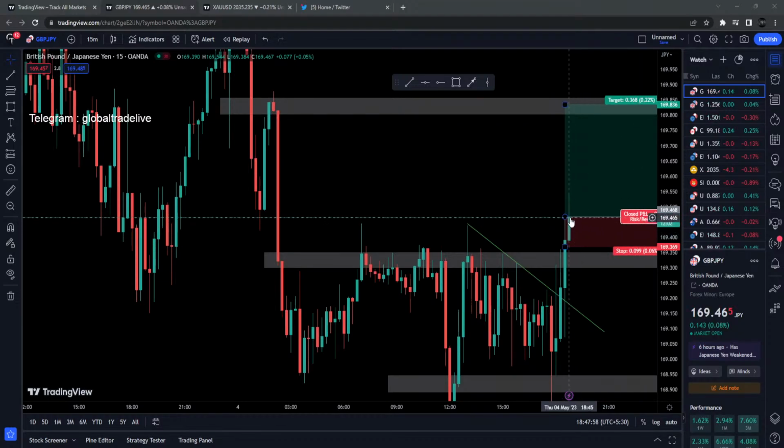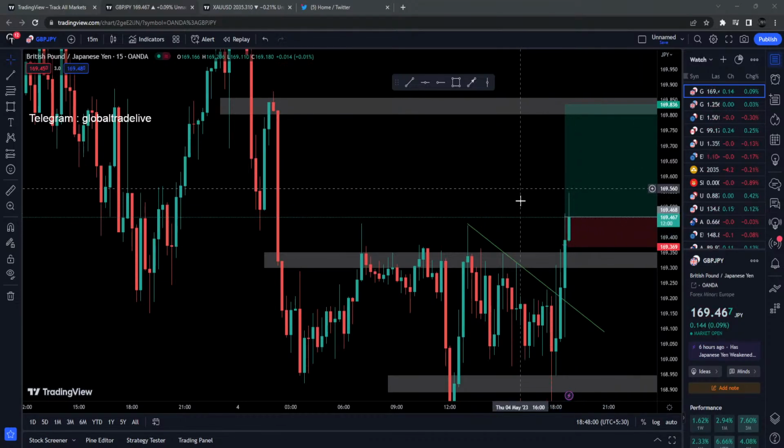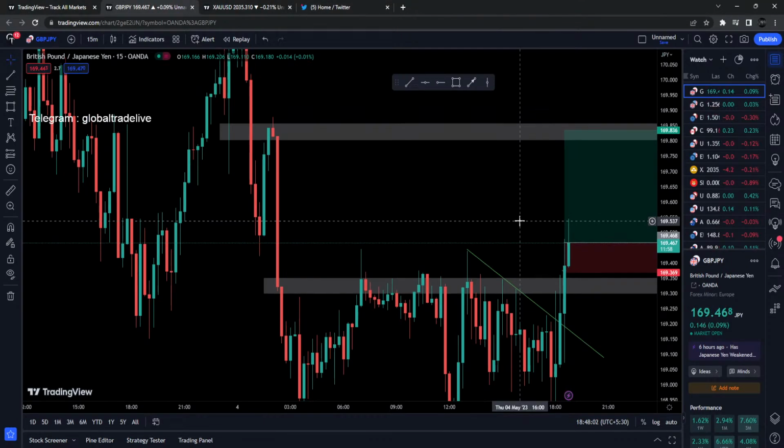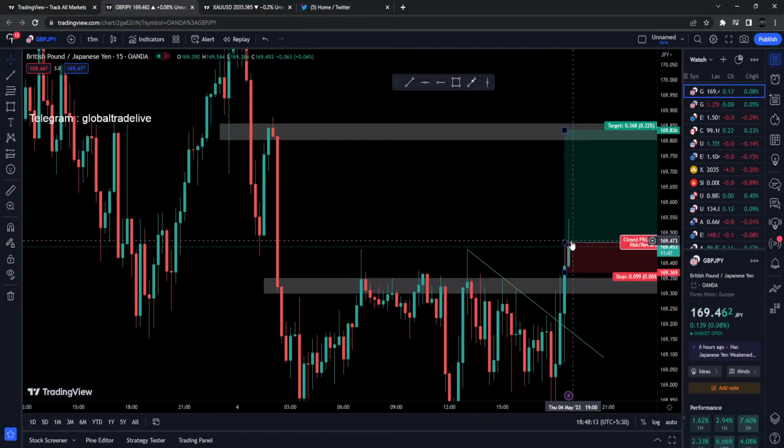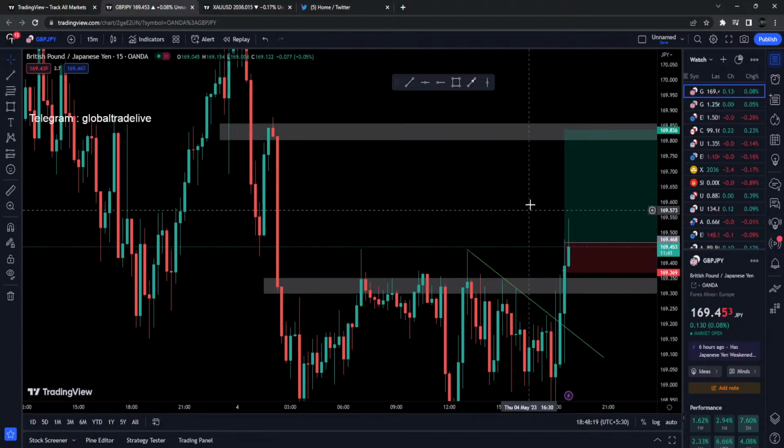So that was a quick move up in like 7 pips. See how we actually reduced our risk with this trade. From here we took the stops over here, and we already closed 50% at break even. So the risk has been really reduced so much.